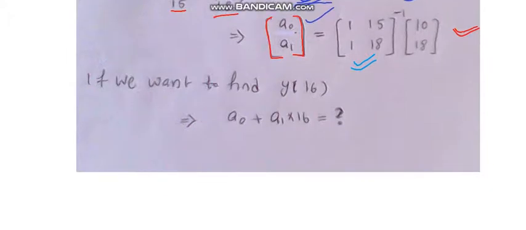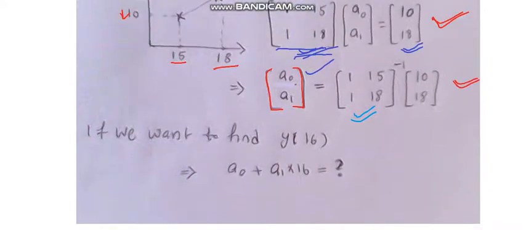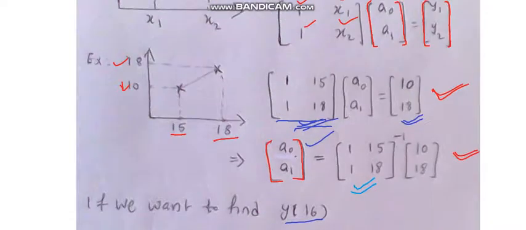Then if you consider that, we can find out the value of y at x equal to 16. Value of y at x equal to 16, that is in between these two. So around this point we have to find out what the value is. So here we will be having 17, then this is 16. So what is the value at x equal to 16, that we have to find out.